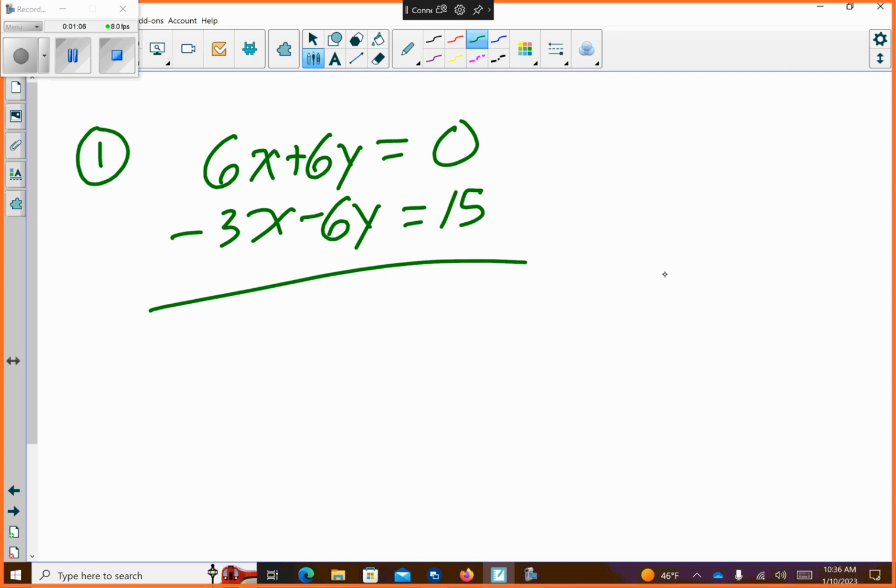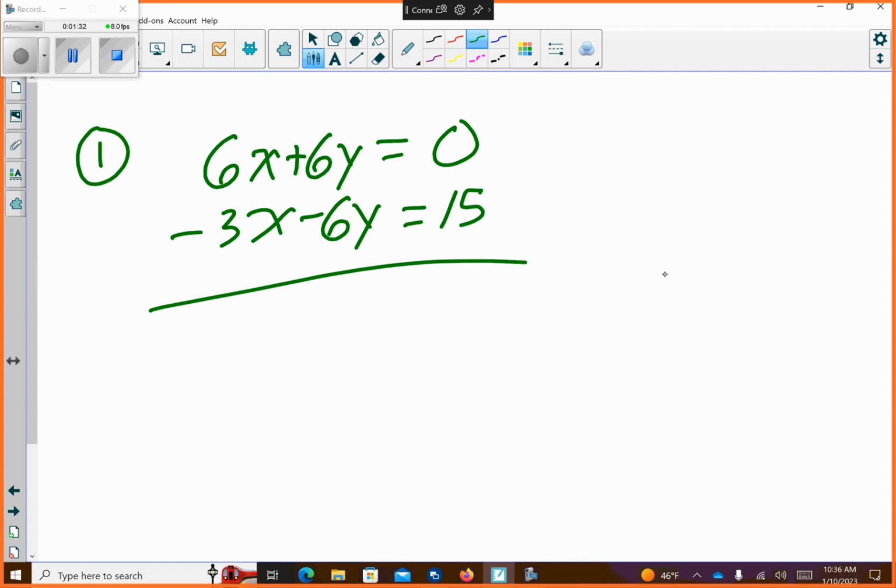But what graphing wasn't good at was, we don't always have really good tools. Sometimes our answer might be off our grid. Sometimes our answer might be decimals or fractions. So graphing is a valuable tool, but it gives us a visual representation, but it's not always good. But then we talked about the elimination method and substitution.